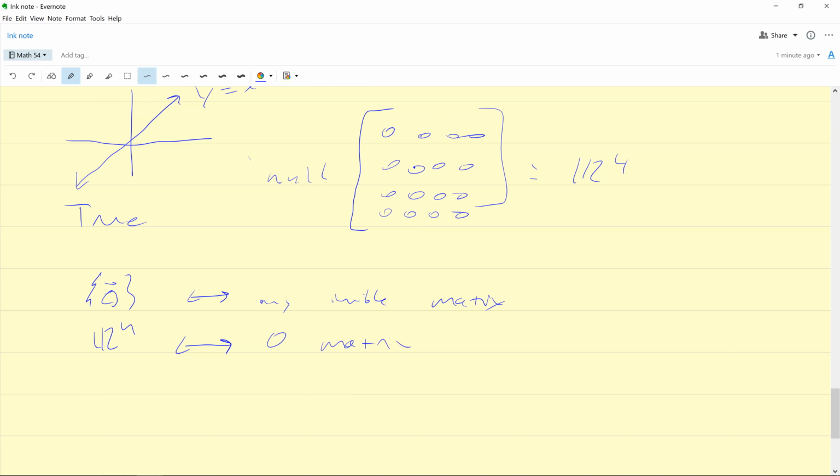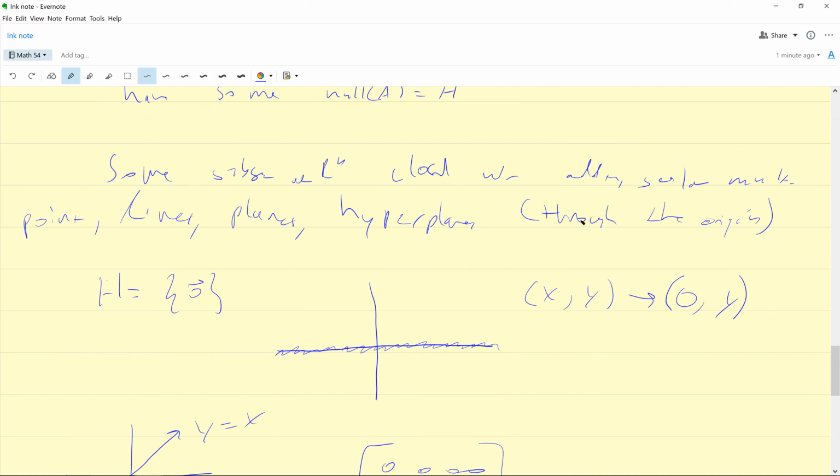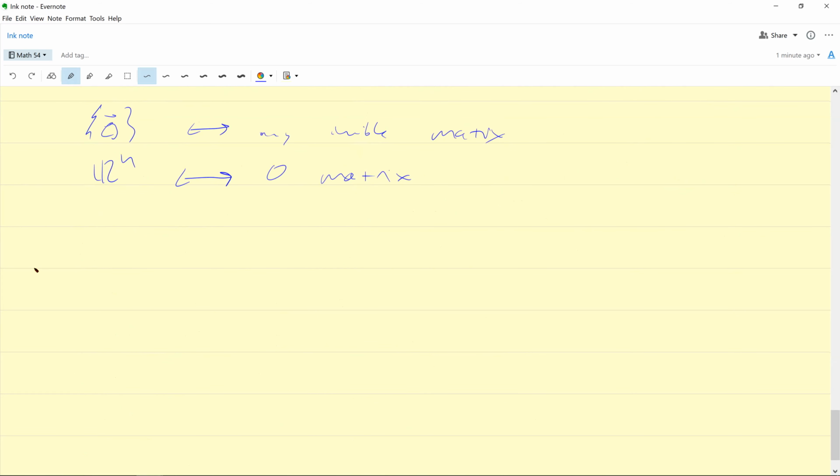Then all of them will have the 0 vector. Yeah, the 0 vector will be in the null space of every matrix. And that's why I said these subspaces go through the origin. That's the corresponding fact for these subspaces versus the null space of a matrix. Thank you. That makes sense.